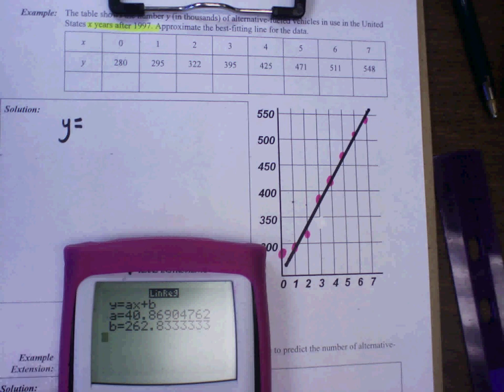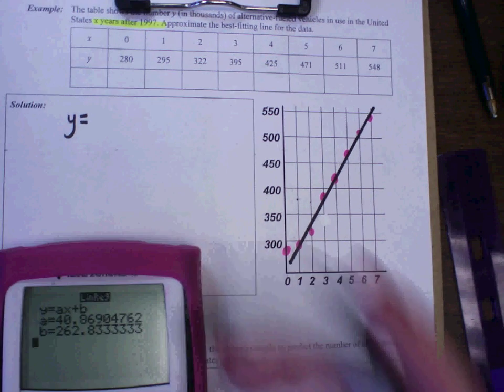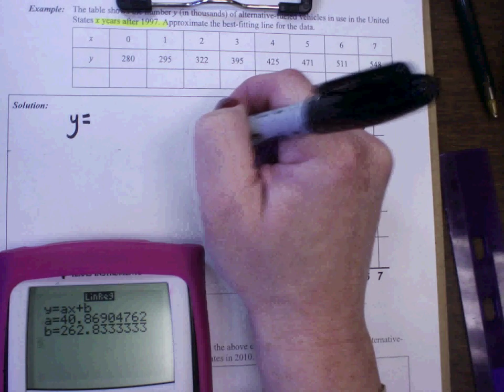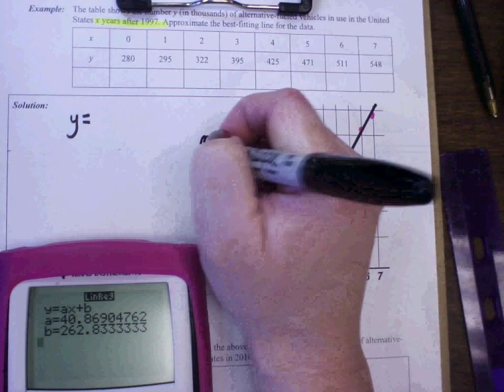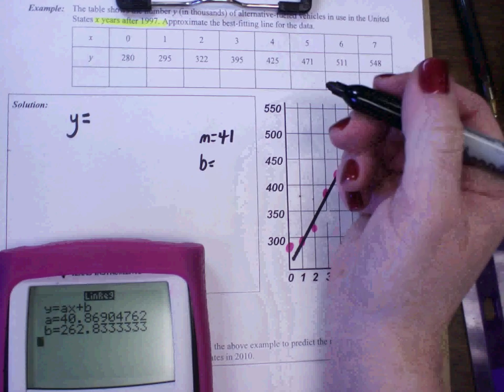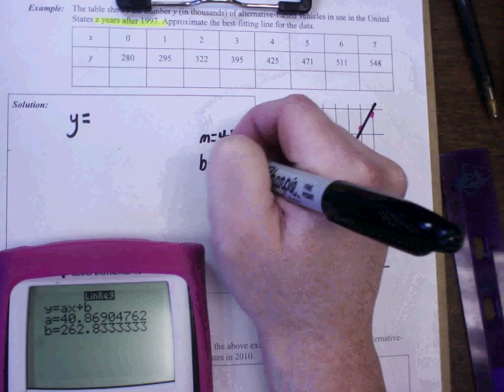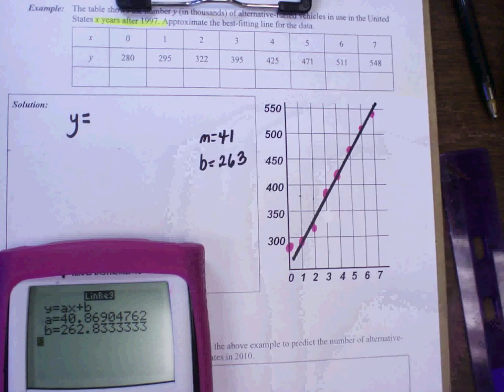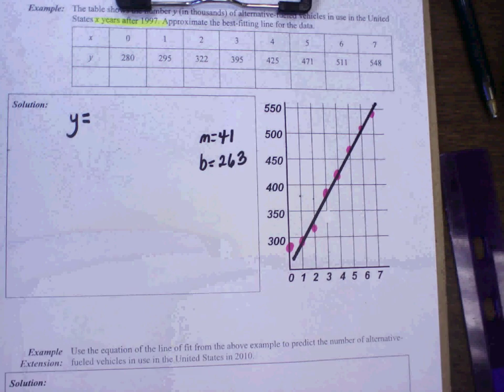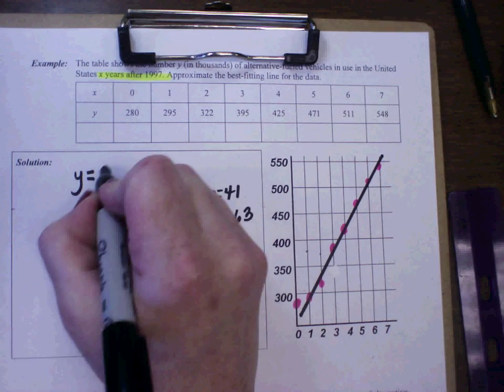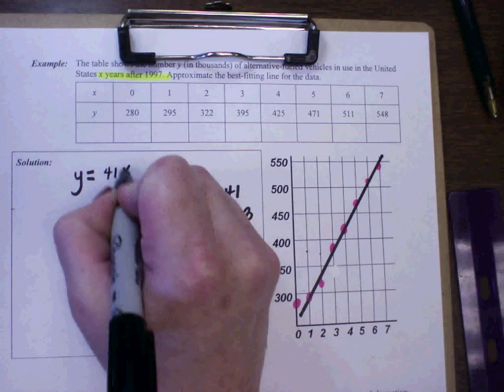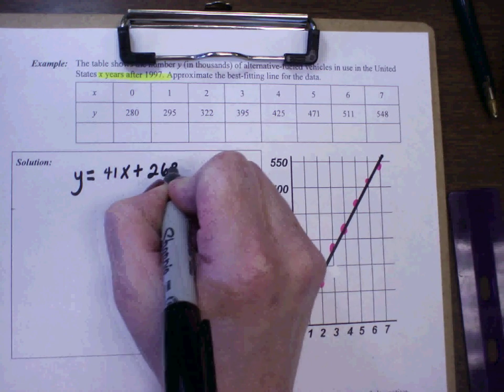So y equals, we can round, it really doesn't matter. It's probably better to round. So what's my slope? So 41. Very good. We're going to round. And my y-intercept would be what? 263?